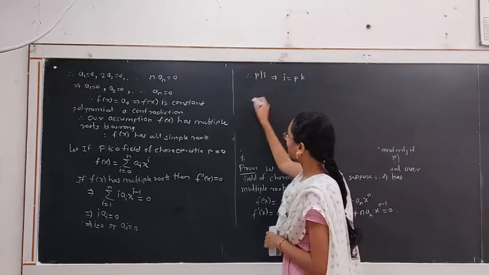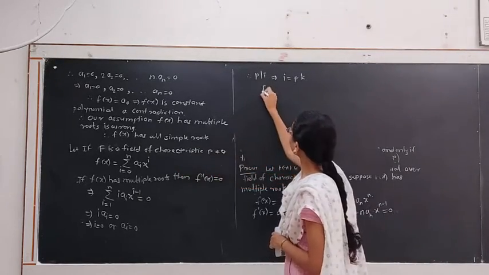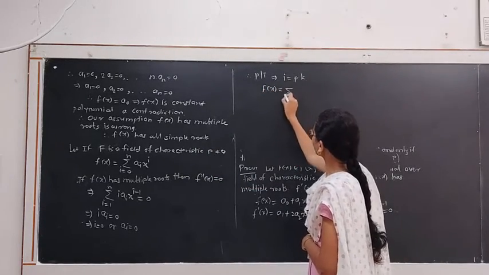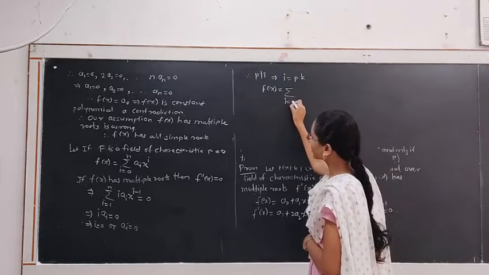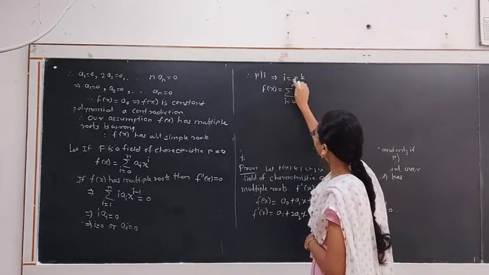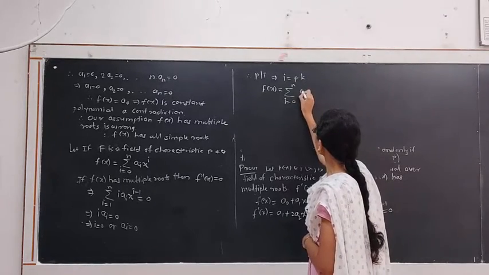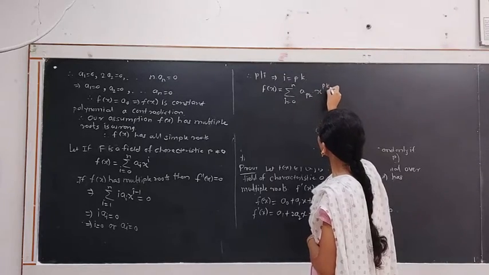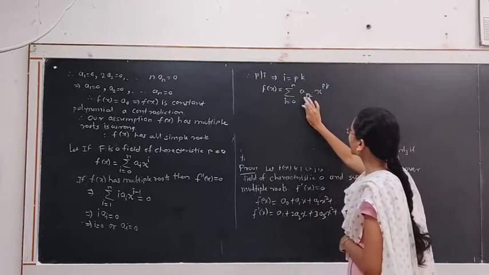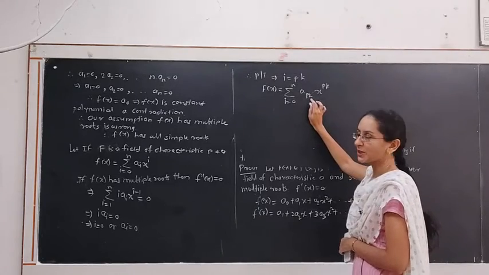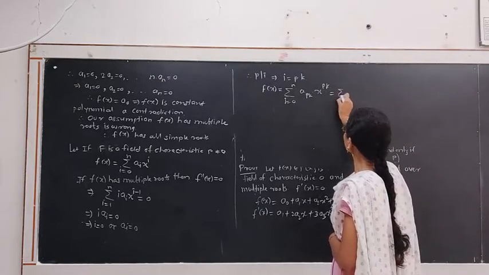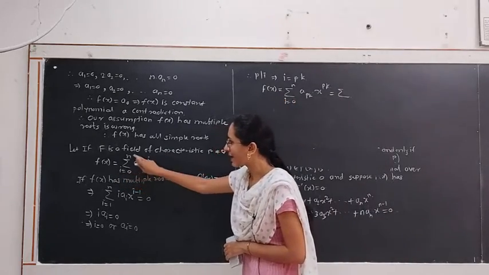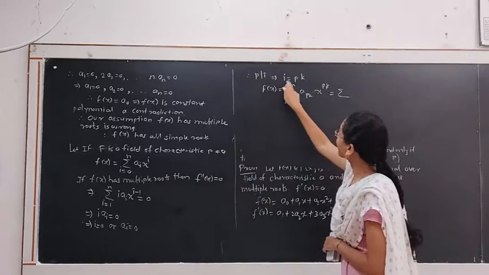Hence, in this expression, f(x) is equal to summation i equal to 0 to n. We are replacing i by p into k, a_pk into x raised to pk. Suppose a suffix pk, the coefficient, is bk.